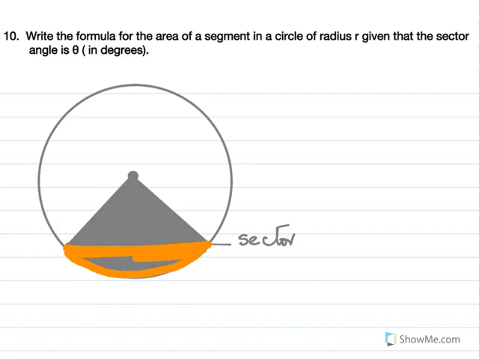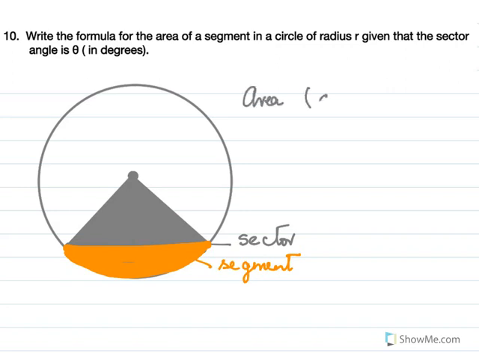This yellow would be the segment. We have to find the area of the segment. So if you see, the area of the segment will be area of the entire sector minus the area of the triangle.